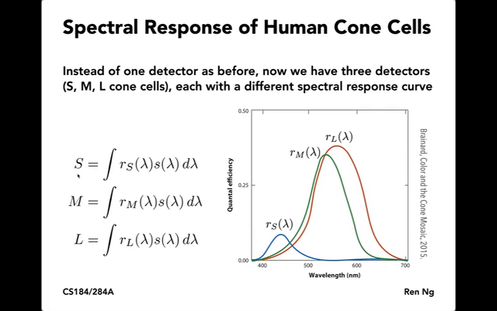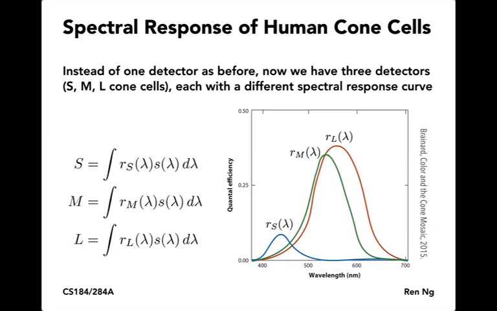And it's exactly the model for the simple detector that I had last time, where the response was the probability that at a specific wavelength that detector would detect a photon. R sub S is exactly that sensitivity curve for the short wavelength cone cell.